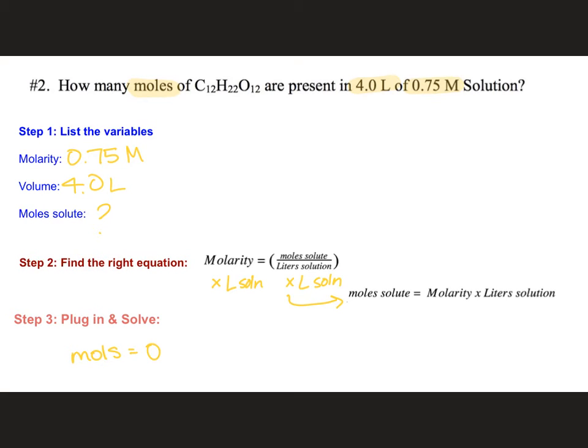Our molarity we'll plug in is 0.75 M multiplied by the liters of solution, which is 4.0 liters. And then we use our calculators to solve. And we have 3 moles of this lactobionic acid. If you noticed, I labeled my answer there.